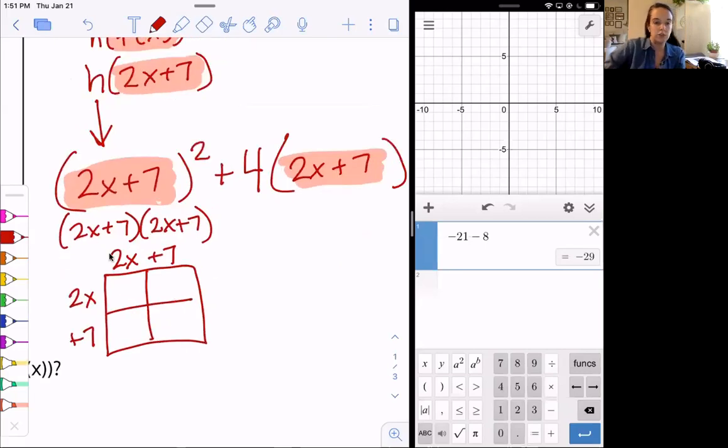So I'm going to do 2x times 2x. 2 times 2 is 4, and x squared, x times x. I have 7 times 2 is 14 with an x, so 14x. Same thing here, 7 times 2x is 14x. And then 7 times 7 is 49.